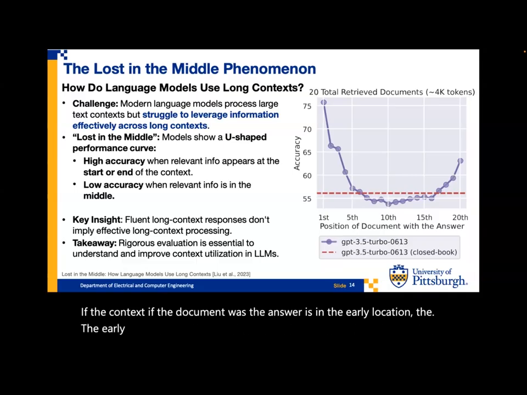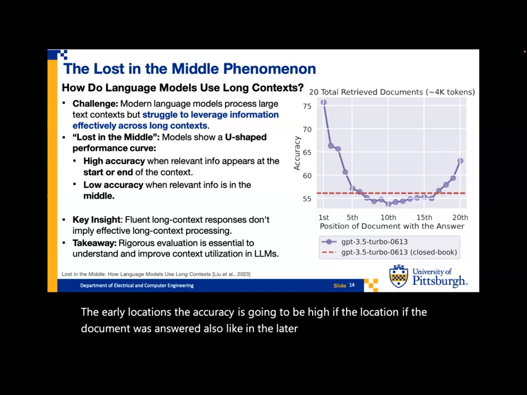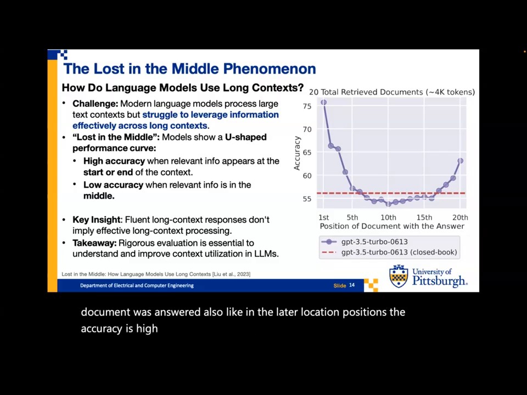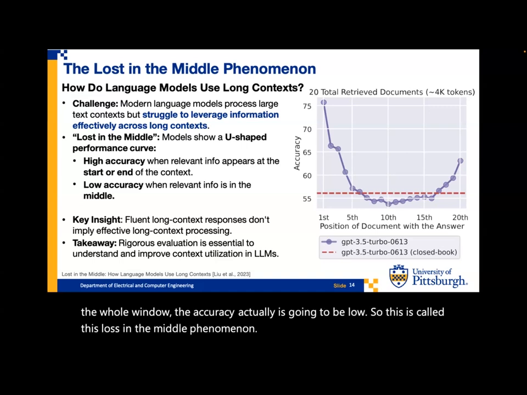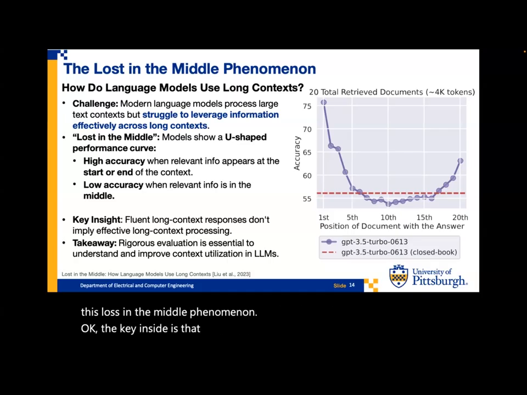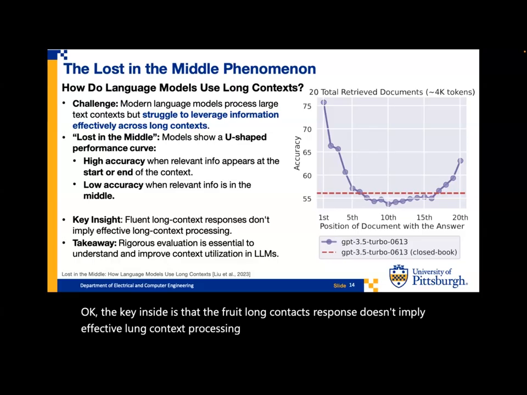If the document with the answer is in the later positions, the accuracy is also high. But if the document with the answer is in the middle of the whole window, the accuracy is going to be low. So this is called the lost in the middle phenomenon. The key insight is that a fluent long context response doesn't imply effective long context processing. The location of the document with the answer really matters to the accuracy.